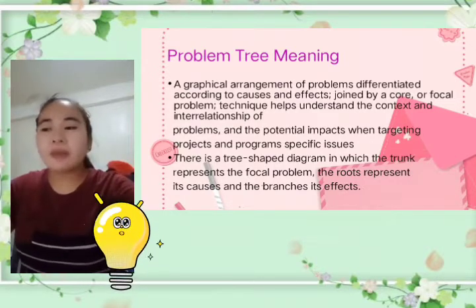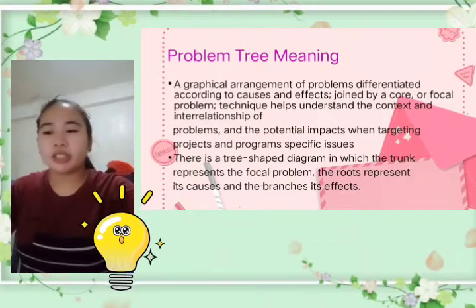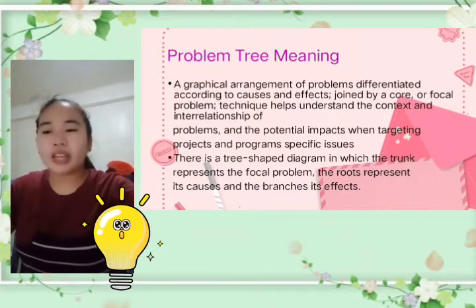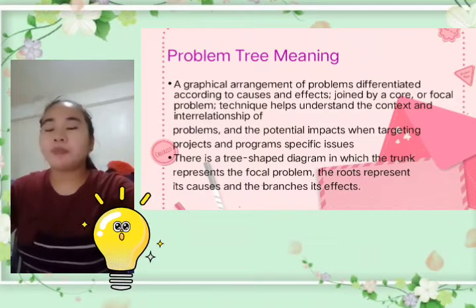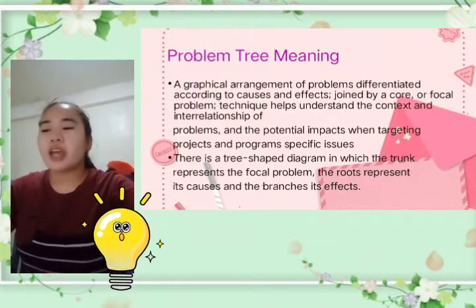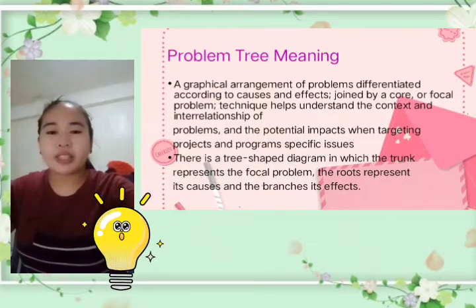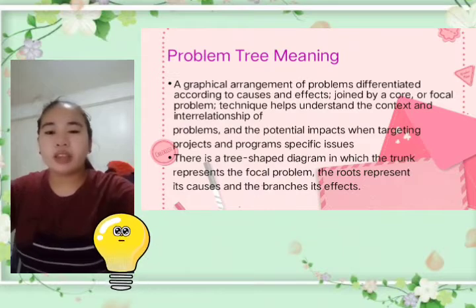In problem tree, there is a tree-shaped diagram in which the trunk represents the focal problem, the roots represent its causes, and the branches represent the effects.